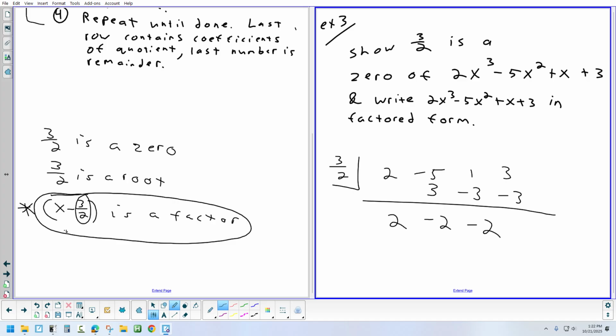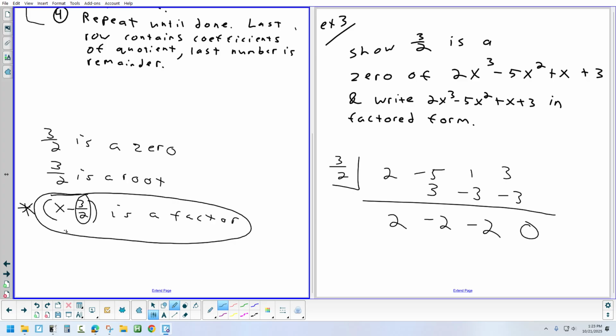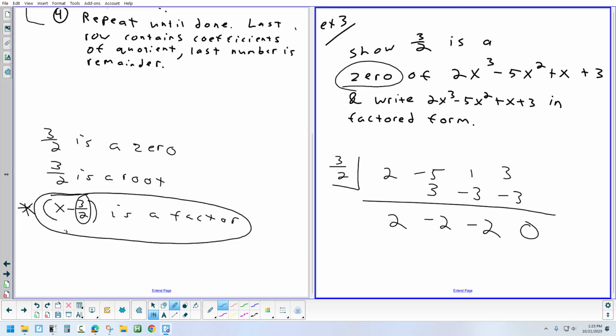Because I got 0, what does that mean about x minus 3 halves? I just proved that x minus 3 halves is a factor. So then what does that mean about 3 halves itself? It's a rational root. So we proved that 3 halves is a root, or 0, same thing.